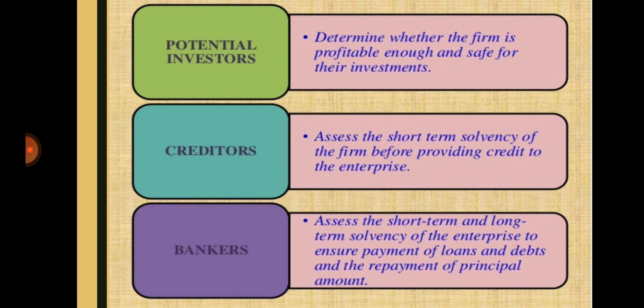That is, bankers and financial institutions do the financial statement analysis to find out the solvency position of the firm, that is firm's ability to repay the long term loans, and once they get the required information relating to this they take the decision whether to assist the firm in finance or not.